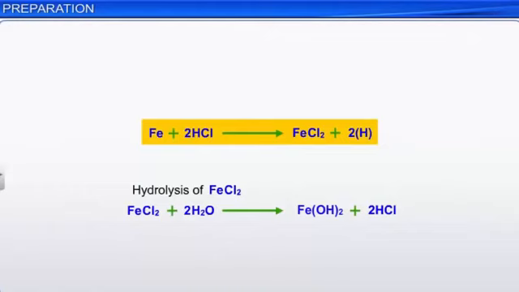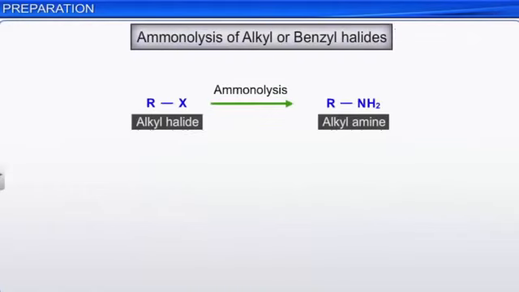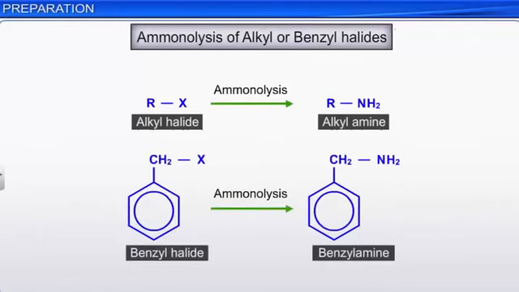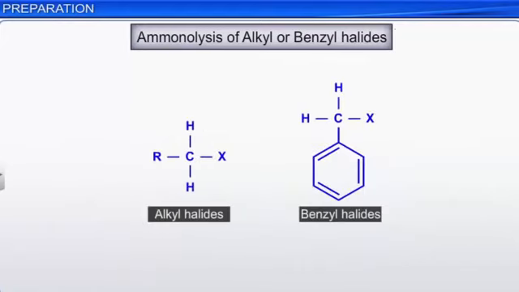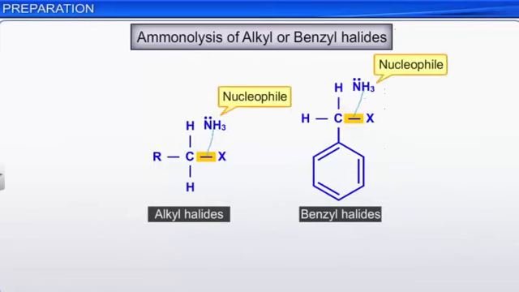Amines can also be prepared by the ammonolysis of alkyl or benzyl halides. In this method, the carbon-halogen bond in alkyl or benzyl halides is cleaved by the nucleophile ammonia. This process of cleavage of a carbon-halogen bond by ammonia is called ammonolysis.